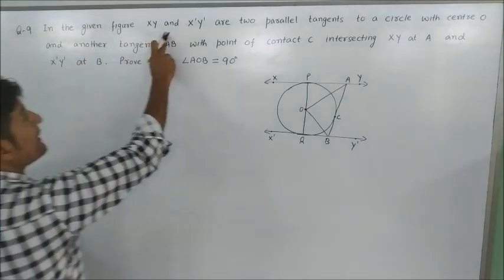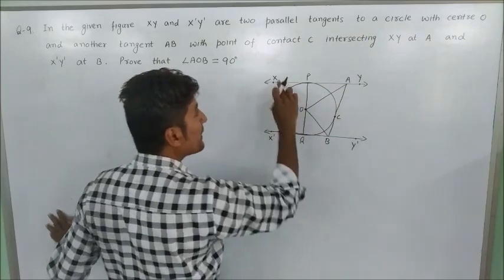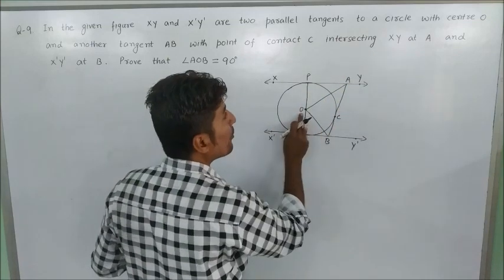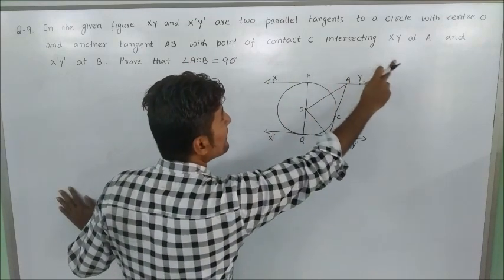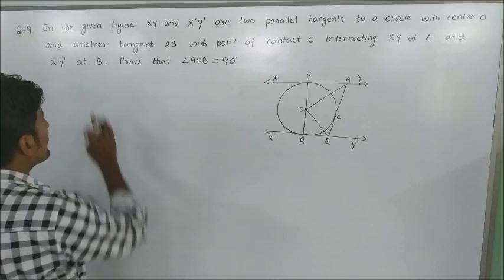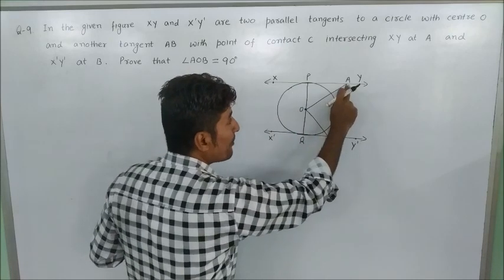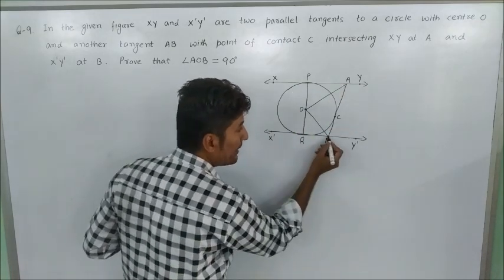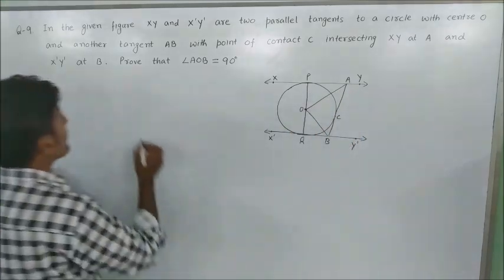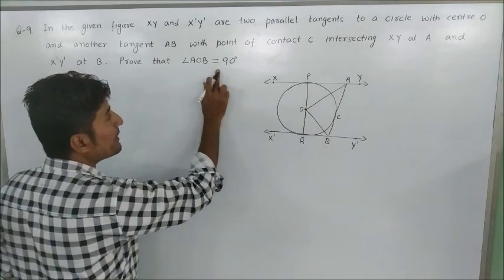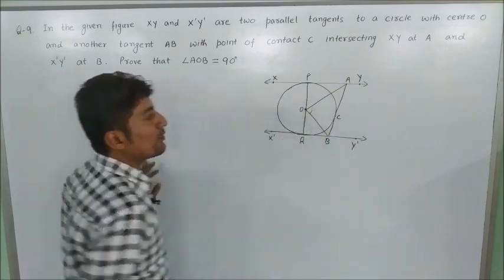In the given figure, XY and X dash Y dash are two parallel tangents to the circle with center O. And another tangent AB with point of contact C intersects XY at A and X dash Y dash at B. AB is another tangent which is touching the circle at point C. Then we have to prove that angle AOB is equal to 90 degrees.